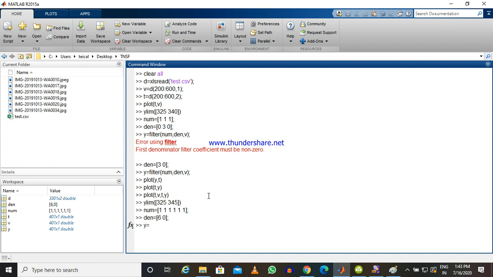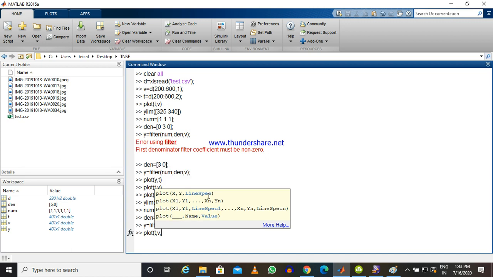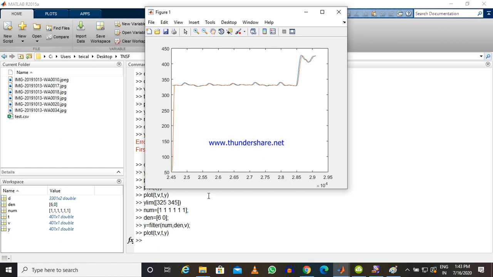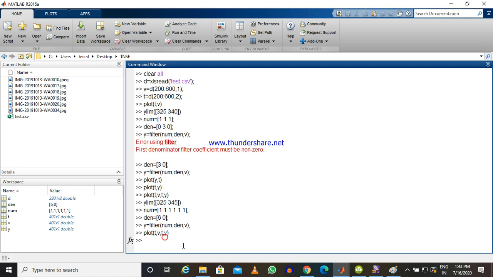Now my y is equal to filter numerator, denominator, then v, okay, then plot t comma v comma t comma y, then my y limit, that should be 325 to 345.